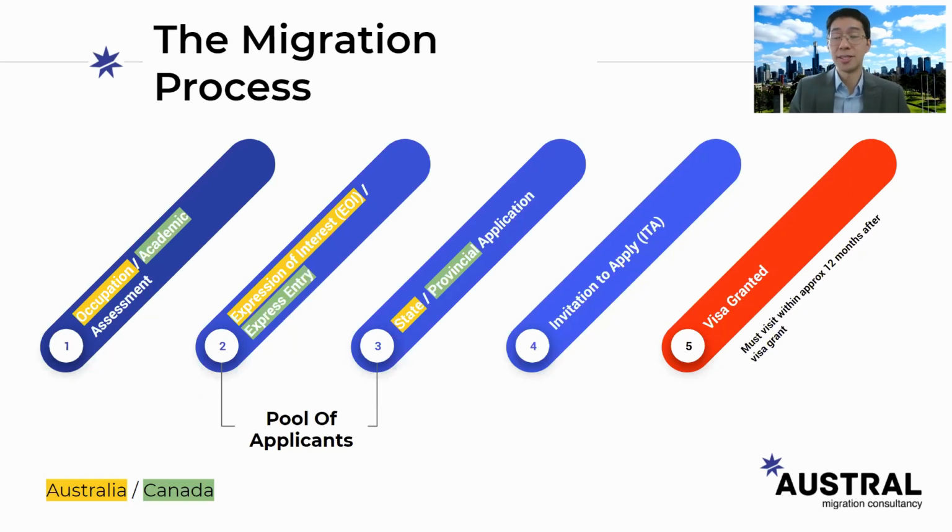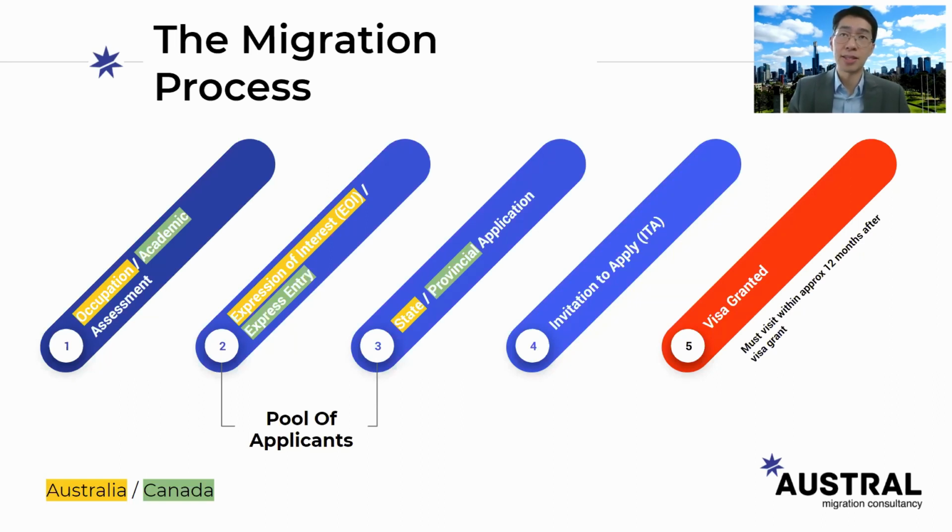So you can see there are 5 stages, and each stage has to be done one before the next. You can't skip any stages. And once you've gone through all the stages, your visa is granted. So we're going to go through each of the stages. Stage 1, occupation or academic assessment. For Australia, it's primarily an occupation assessment, and for Canada, it's primarily an academic assessment.